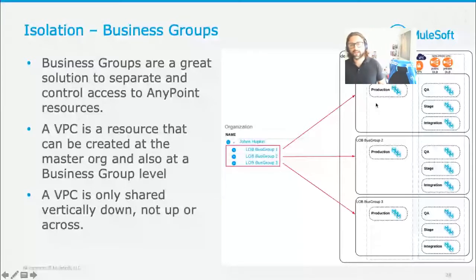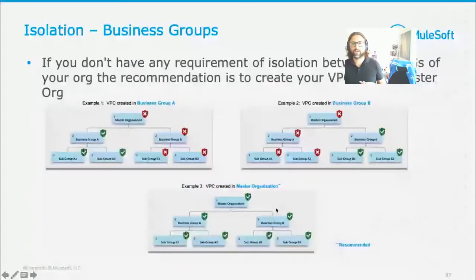So if we have a look at these examples, if I created the VPC at the master organization level, all the business groups would be able to use this VPC because all the business groups are children of the master organization. However, if I created my VPC at the business group A level, or the other example, at the level of the business group B, this VPC can only be used by that business group and the children of that business group, okay?